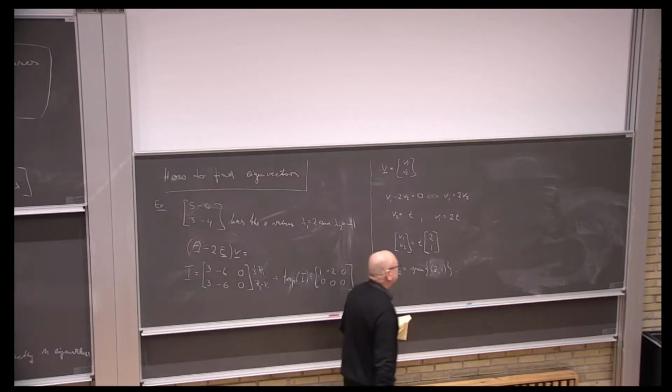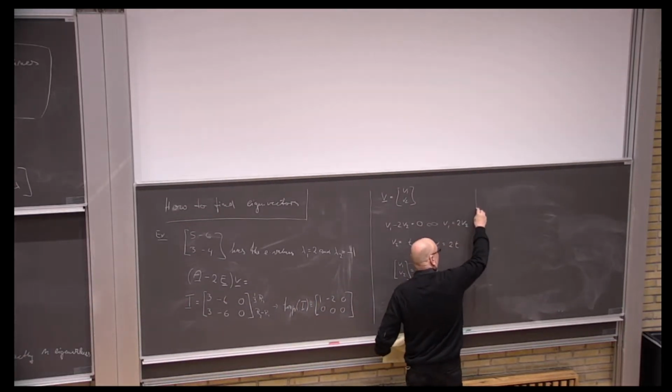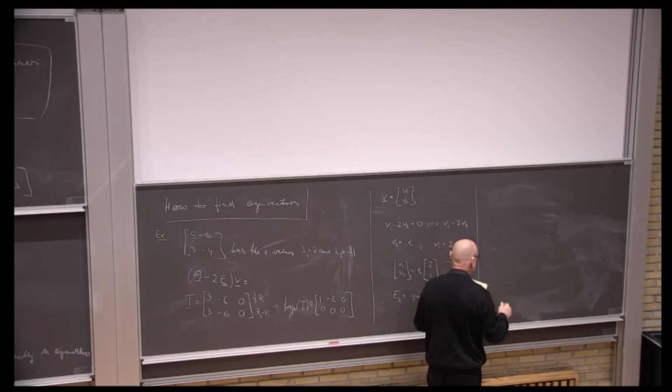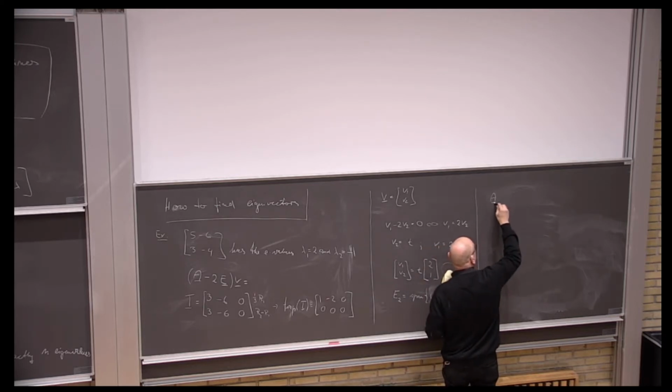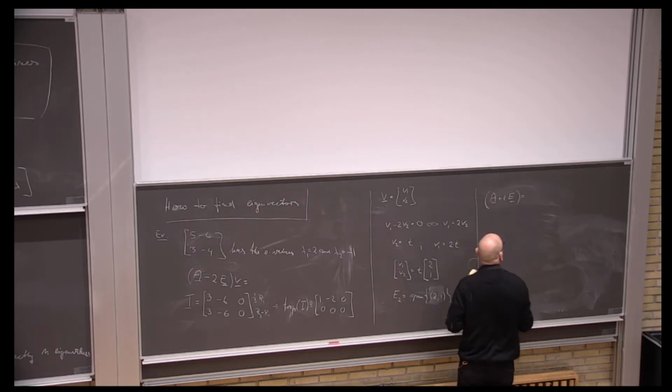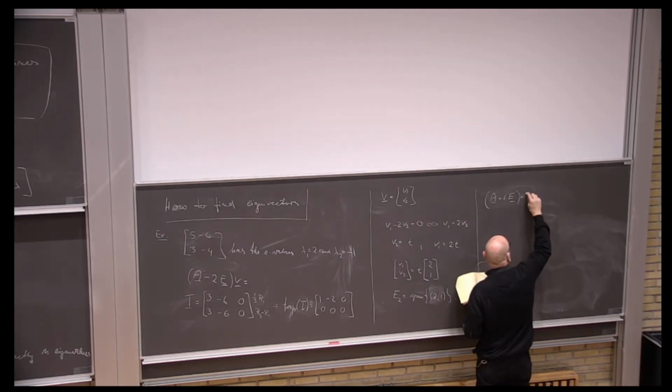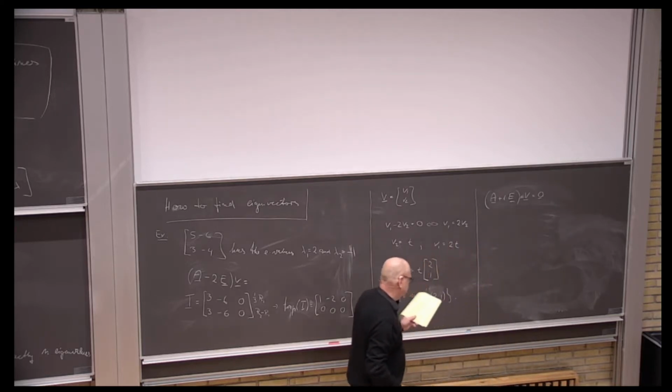Or I could write it in usual vector form like this, 2, 1. Let me just compute the other eigenvector space. I have A plus 1 times E, multiplied by v, and it's equal to 0.